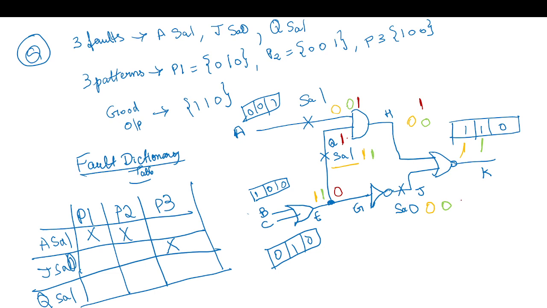So 0, 1 is 1. And any one of the inputs is 1. This is 1. Because this became the controlling input. So this fault cannot be detected by any pattern. So this is the fault dictionary.